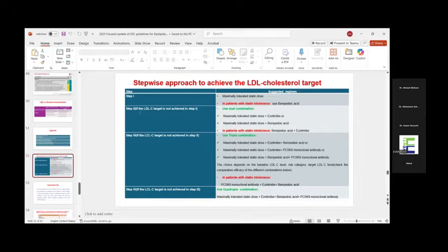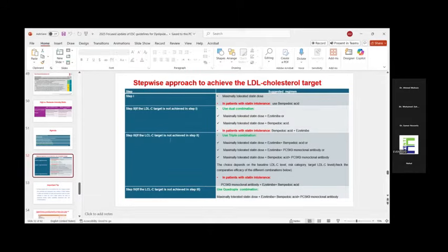Step 2, if the LDL target is not achieved in step 1, you can use the dual combination, either maximally tolerated statin dose plus ezetimibe or maximally tolerated statin dose plus bempedoic acid. In patients with statin intolerance, we have to use bempedoic acid and ezetimibe.